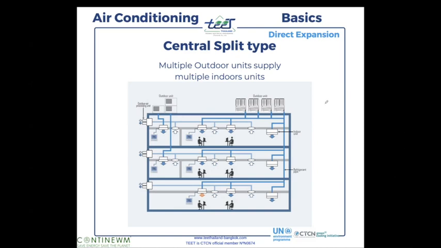So this system here is a centralized split system with multiple compressors that brings some refrigerant fluid to many indoor units. You can see on 3 different floors, this floor, but also this one, and even the basement. So this bank of compressors brings refrigerant fluid to 3 different floors.